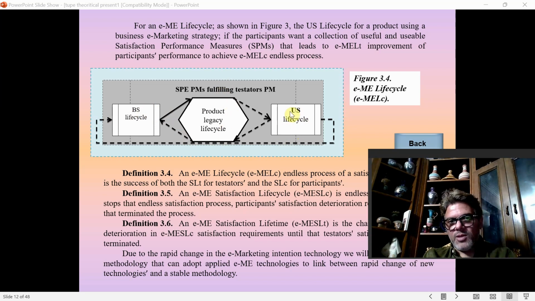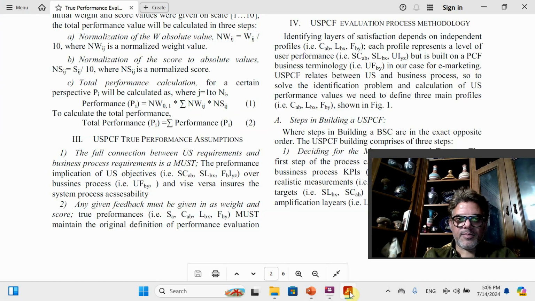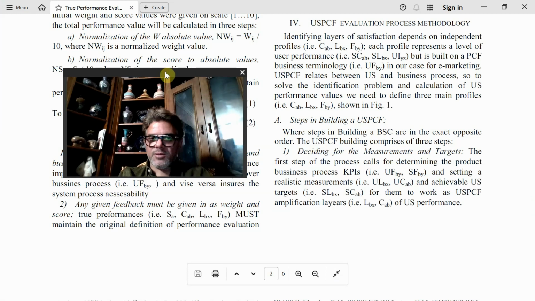So it's going to be between the user satisfaction and the business product satisfaction life cycle. That's why it's in the opposite direction.